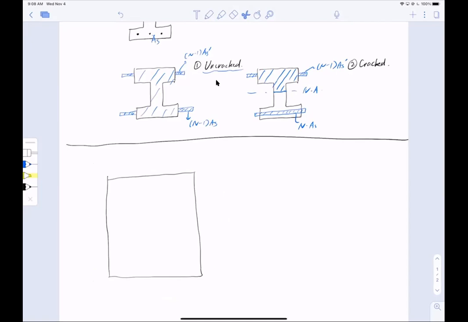Now I have columns here, columns here, columns here, and I also have columns here, correspondingly, I think 3 spans.